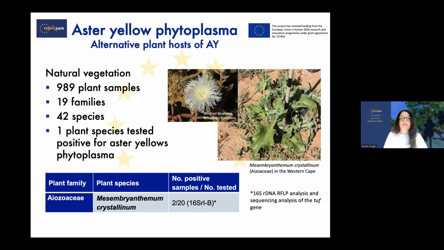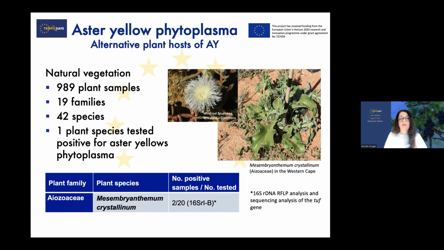So there, with the vacuum sampling, we sampled over 900 plant samples from 19 families and 42 species, but only 1 plant species tested positive for Aster yellows phytoplasma.